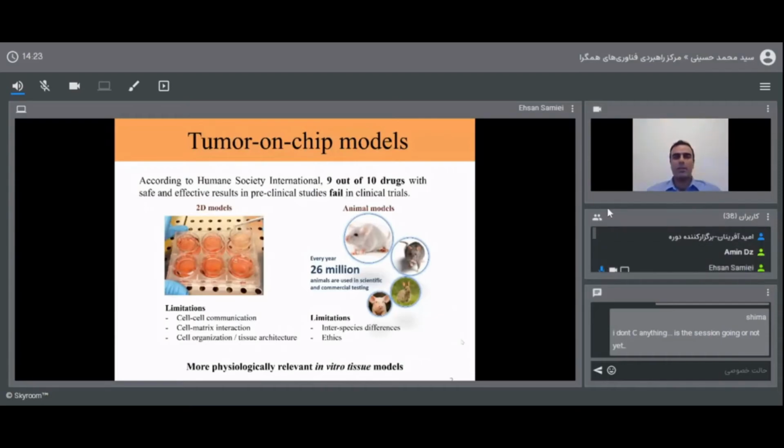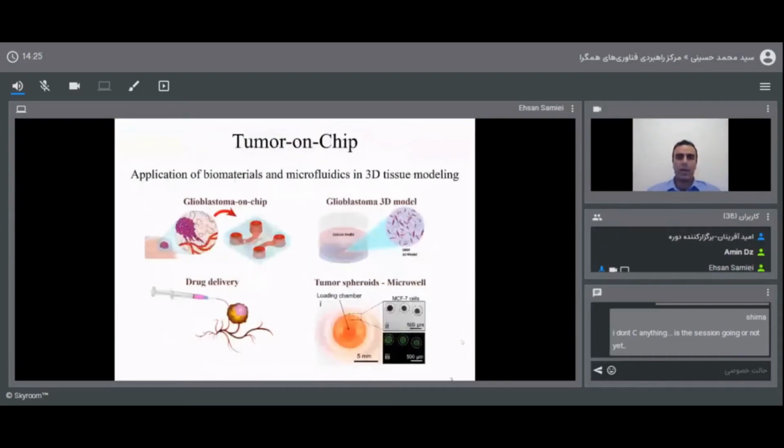With that background, at the University of Victoria, we applied biomaterials and microfluidics for the development of 3D tissue models, specifically tumor-on-chip models. And today I'm going to present a few studies focusing on the development of the tumor model and their application for drug studies, including programmed cell death and also quantifying invasion.